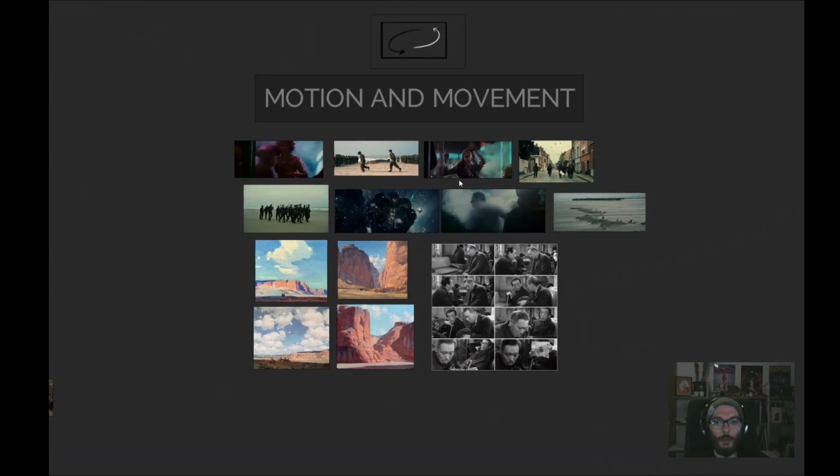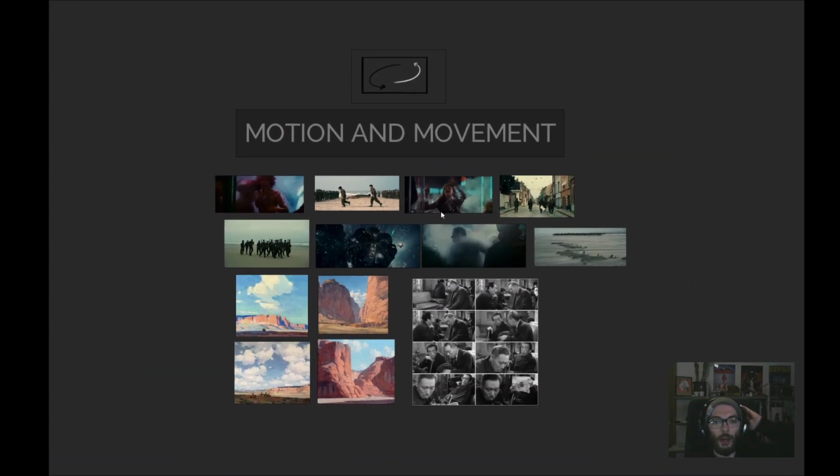Going to motion and movement, which is really a big element in composition, especially in moving compositions, which basically are what we are aiming to work on. Movies and games are moving compositions, and we really have to think about it as concept artists, because after all, this is not just a still image.